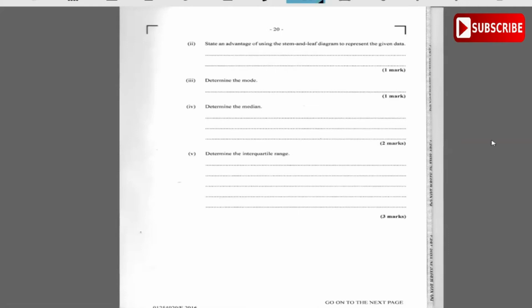State an advantage of using stem and leaf to represent the given data. Stem and leaf is well organized, so we are able to find the mean, median and mode very easily.